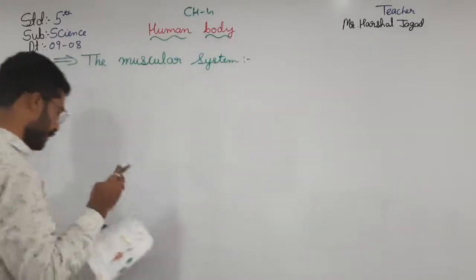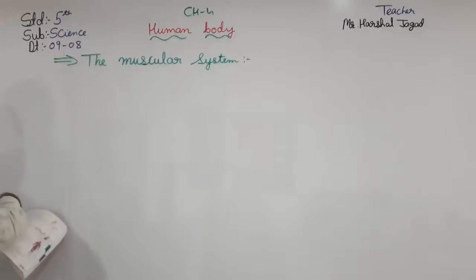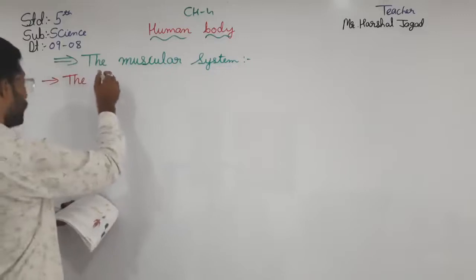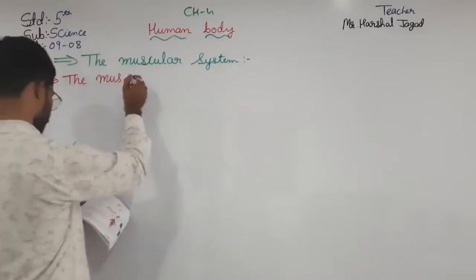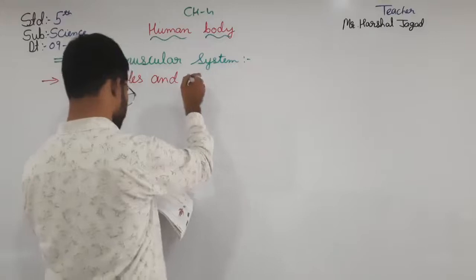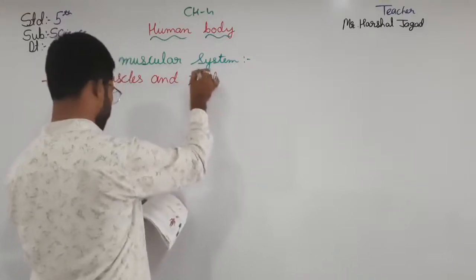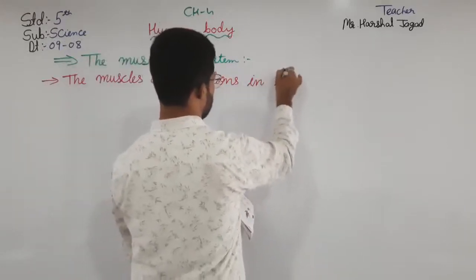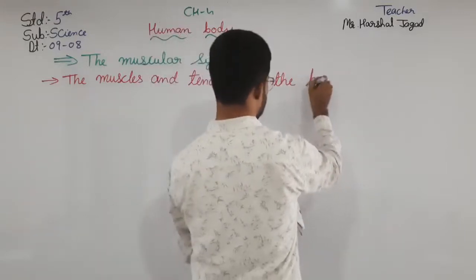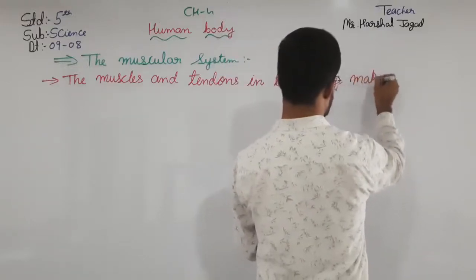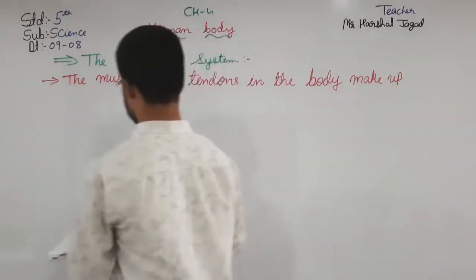We can write: the muscles and tendons in the body make up the muscular system.